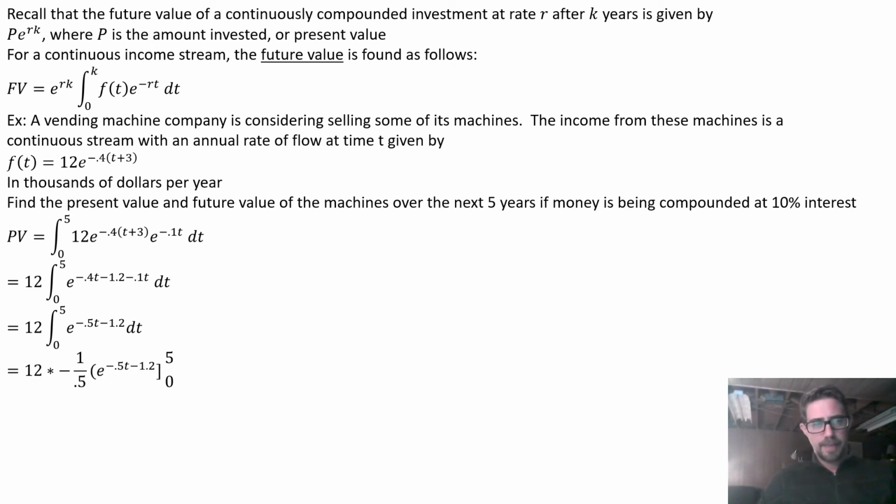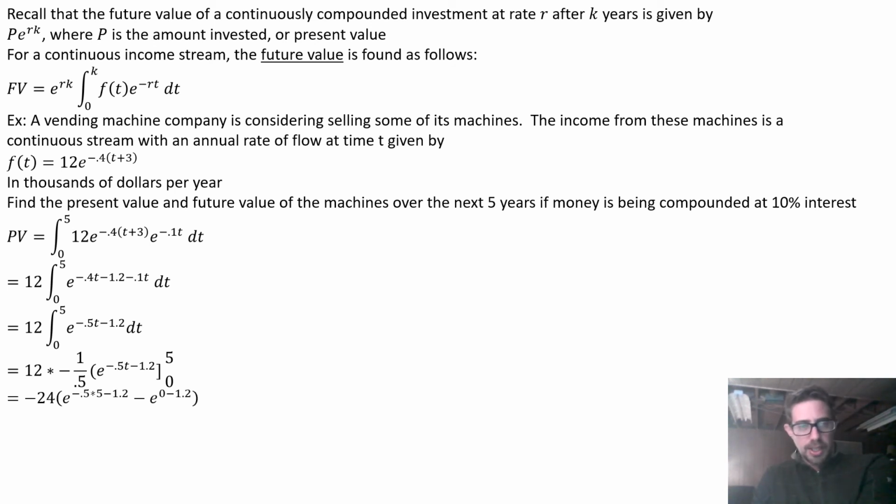So you just do it: 12 times 1 over negative 0.5, or just negative 12 over 0.5, times that expression, e to the blah, blah, blah, evaluated from 5 to 0, because it's 5 years. And then we just clean it up and plug stuff into our calculator as we go.